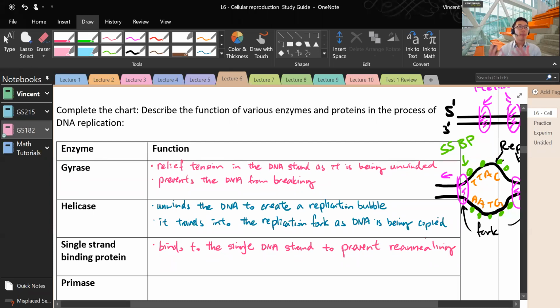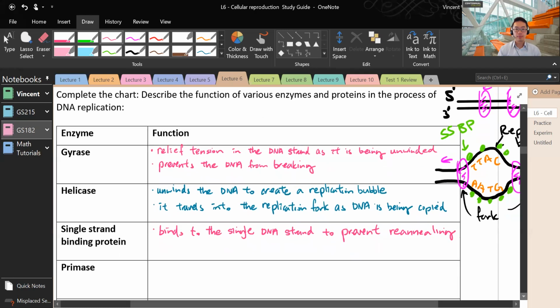Prevent them from coming back together. The backbone of single-stranded DNA, sorry. And so they're not going to come back together.